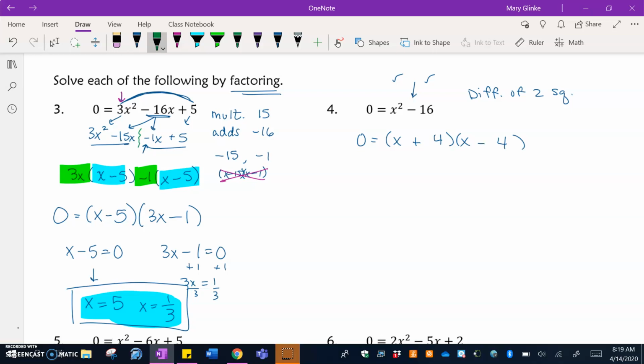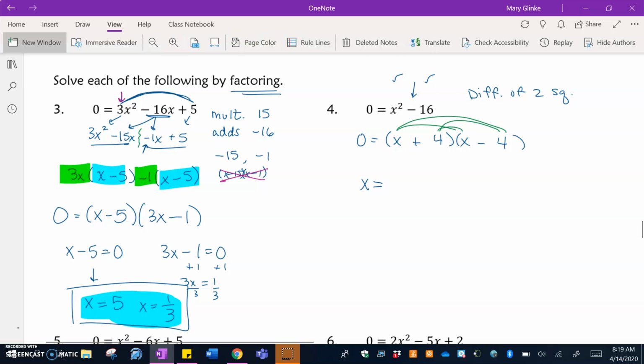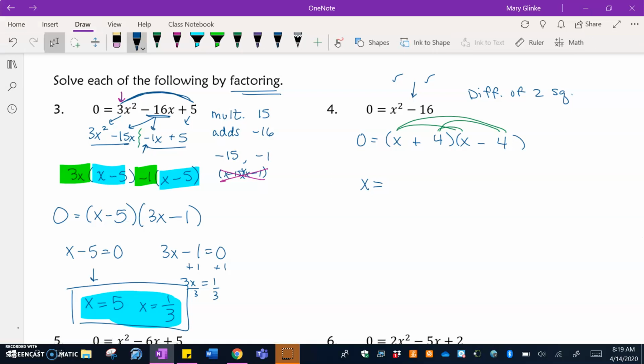This method works because when you distribute it, you'd get x squared, your middle terms would cancel out, and your last terms would be the negative 16. After I factor it, I set each factor equal to 0. So it's x plus 4 equals 0 and x minus 4 equals 0. Then you solve for x and you get negative 4 and positive 4.